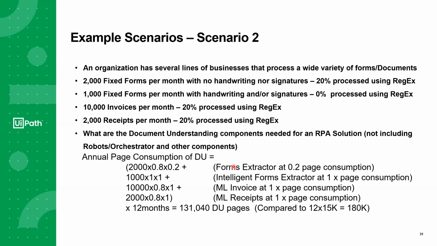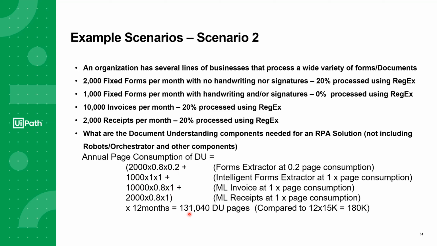So the way we'd work it out is, for the 2,000 fixed forms with no handwriting, I would do 2,000 times 0.8 because I can process 20% using regex, times 0.2 because fixed forms use 0.2 of a page. I'll need to do 1,000 times 1 times 1 for the handwriting, so I can't get any flexibility out of that. For the invoices and receipts, I'll need the total number of invoices and receipts times 0.8 because I can use regex, and then times 1 for the page consumption.